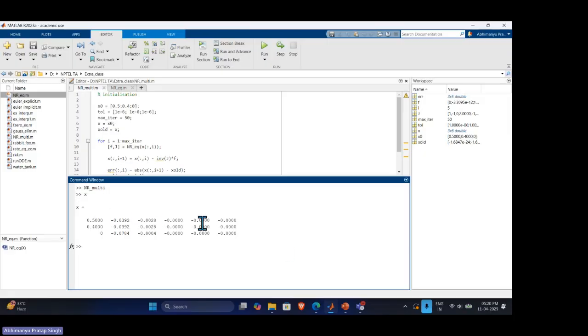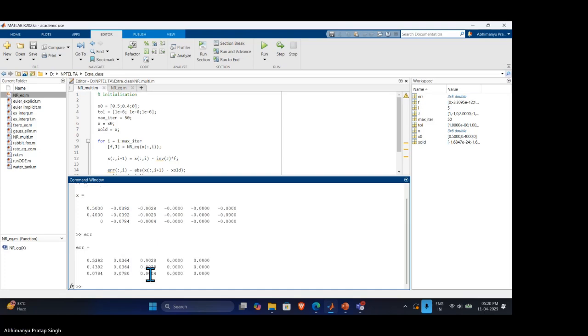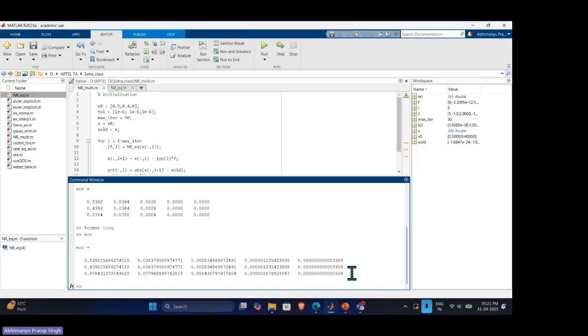So the program runs for 5 iterations, and then after 5 iterations, if I check the error vector, let me do format long, then I calculate the error. After 5 iterations, I can see that my error has reduced to less than 10 to the power minus 6, and so the iteration stops.